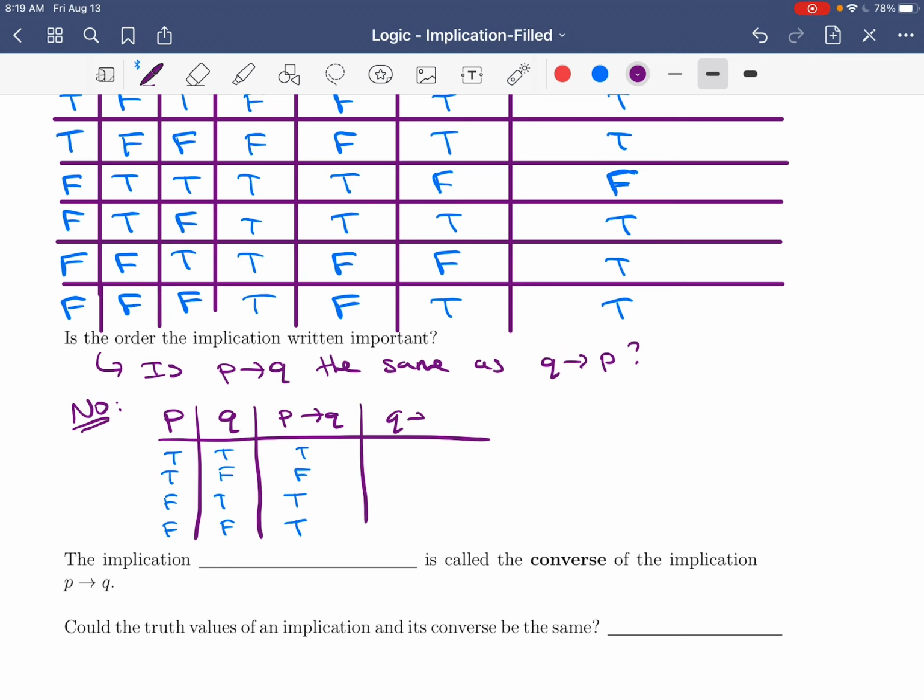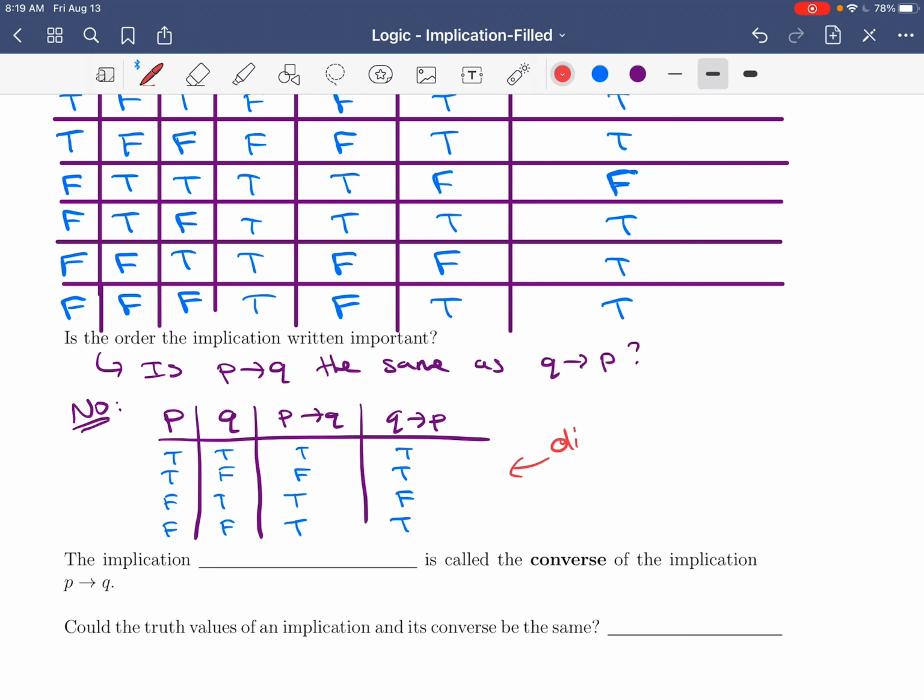But if I do Q implies P, then it's going to be true in the first row, true in the second row, false in the third row, and true in the fourth row, sorry.